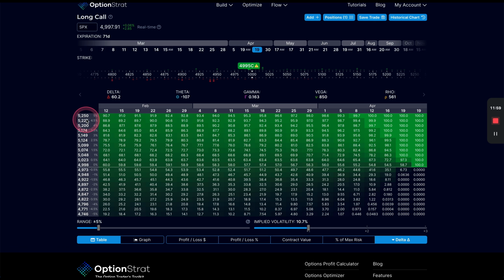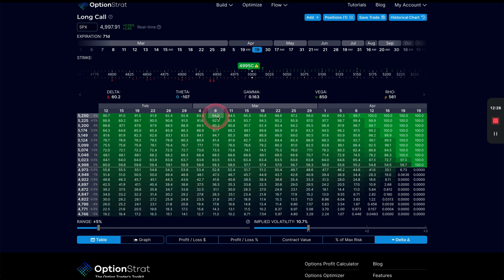But if we look at a higher number, let's look at 52.50, for example. If I bought this long option and the market jumped up to 52.50 today, that's 250 points above where it is, well, my delta is pretty darn high at that point, which is great. That also means that my likelihood of this thing expiring in the money is now roughly 90%.